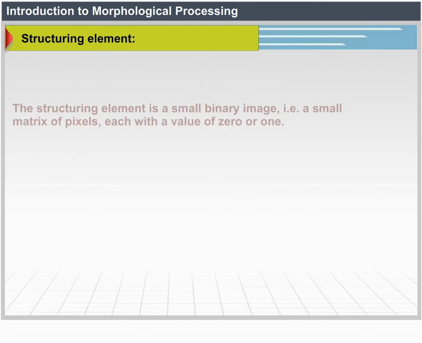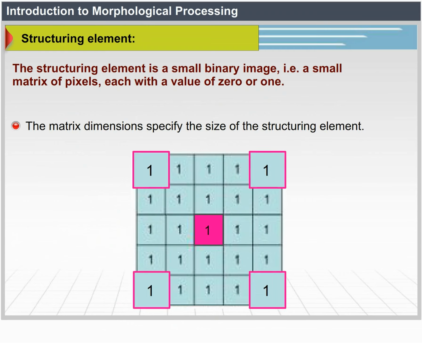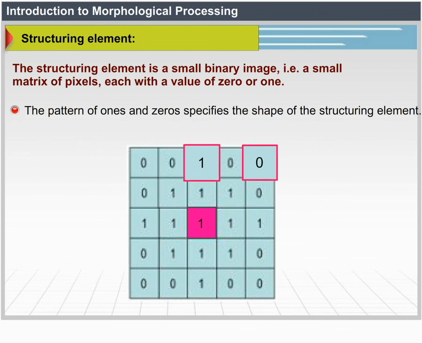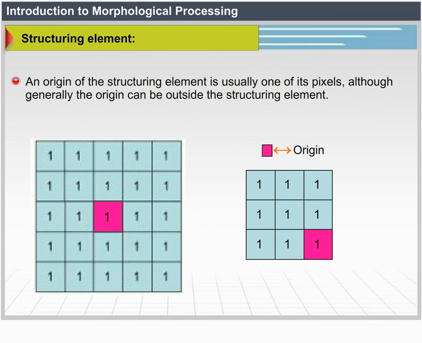The structuring element is a small binary image, that is, a small matrix of pixels, each with a value of 0 or 1. The matrix dimensions specify the size of the structuring element. The pattern of ones and zeros specifies the shape of the structuring element. An origin of the structuring element is usually one of its pixels, although generally the origin can be outside the structuring element.